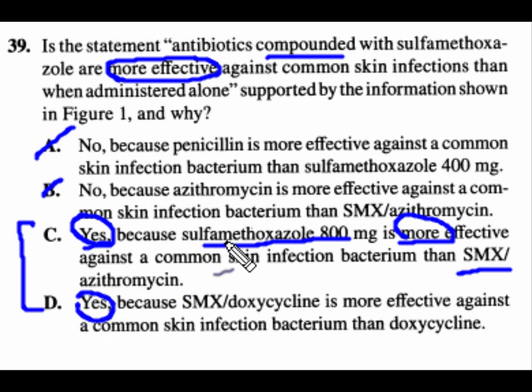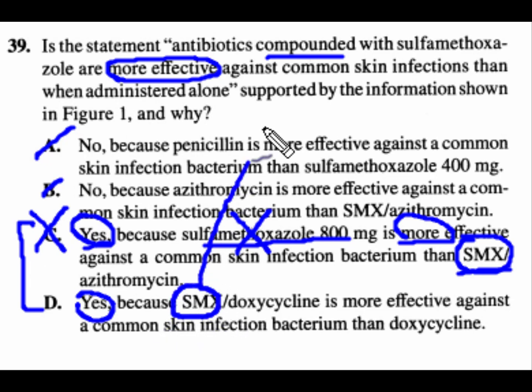But here it's saying that the non-compound, the non-mixture, is stronger than the SMX. And remember from the yikes problem that SMX is going to be the compound. So that's actually backwards. Here, SMX, that's the compound, is more effective than the regular doxycycline.